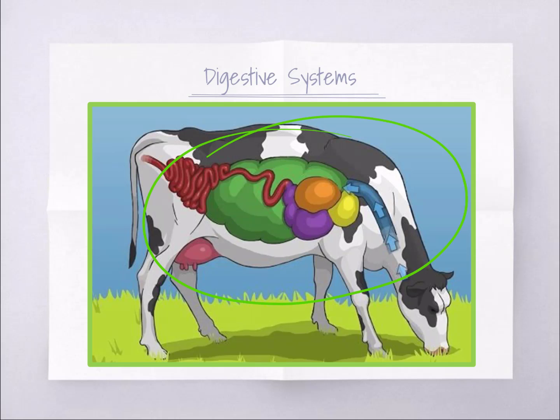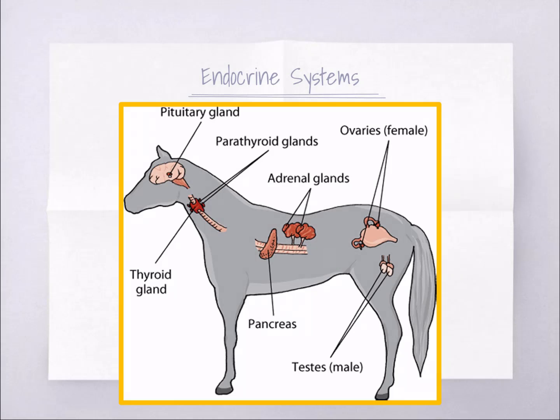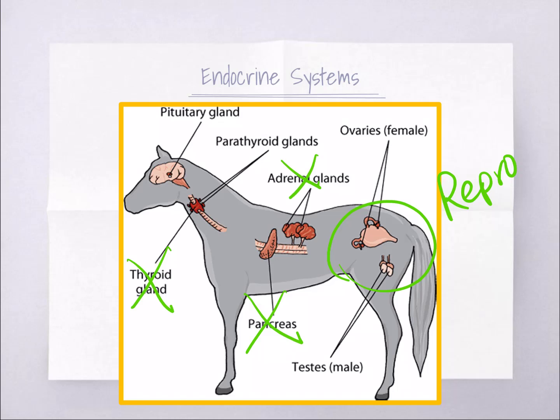We've already gone over digestive systems and livestock species, so you have lots of background in that already. We won't go through all of the endocrine system, but we will go over the portion of it that has to do with reproduction. We won't talk about things like these other additional glands that we might have, but we will talk about how the brain impacts reproduction on a hormone level.